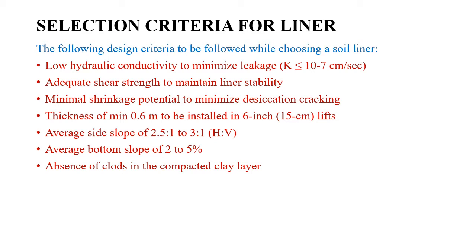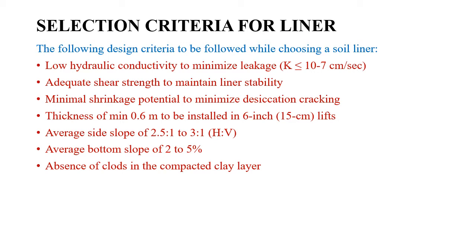So one of the things we have to make sure is that it is not a material which has a high shrinkage potential, because if it shrinks too much, cracks will develop and there will be preferential flow paths within this liner material, and then there will be no more prevention of leachate migration into the subsoil below.